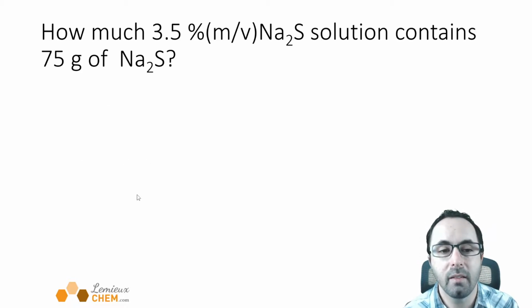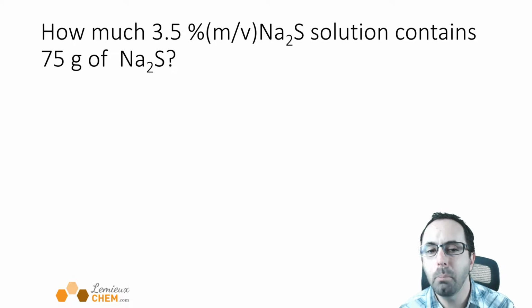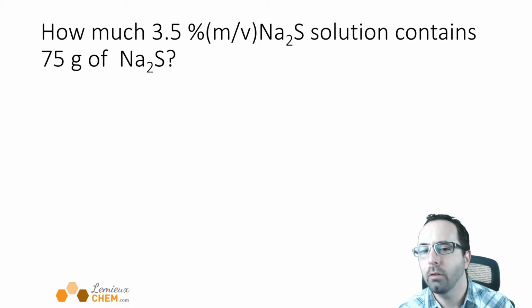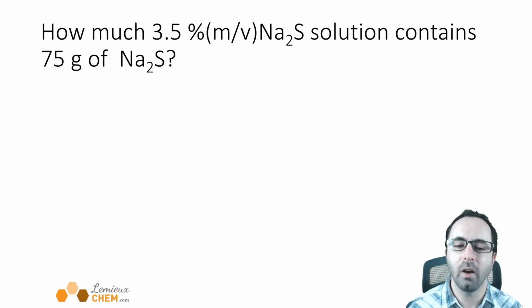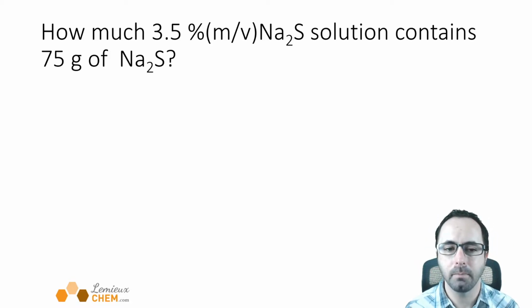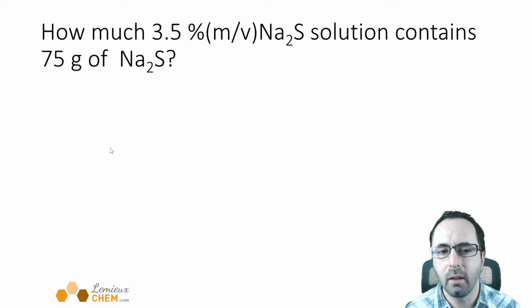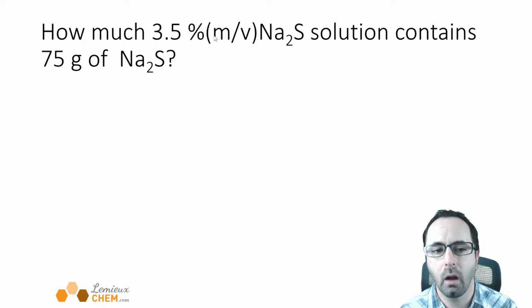So this one says, how much of a 3.5% mass over volume sodium sulfide solution contains 75 grams of sodium sulfide? Here we are given the concentration of the solution.